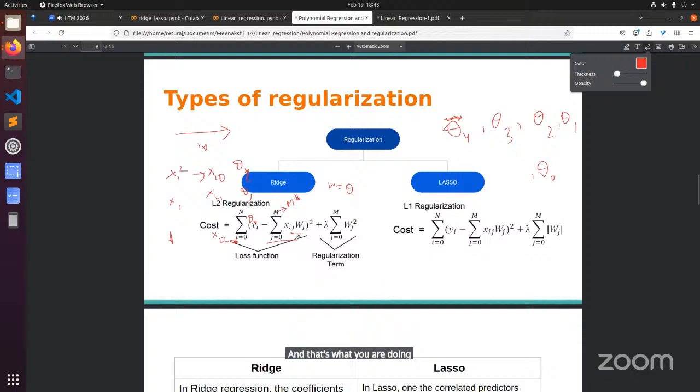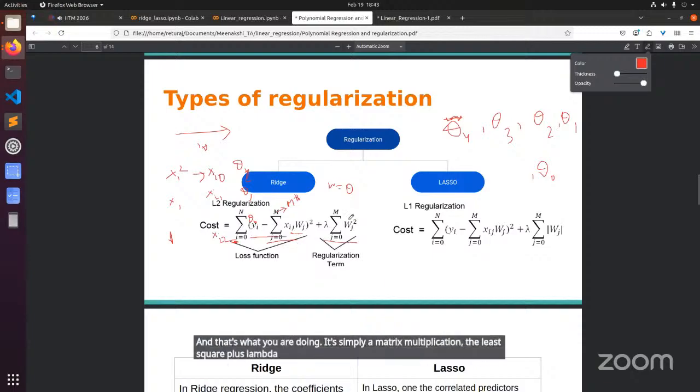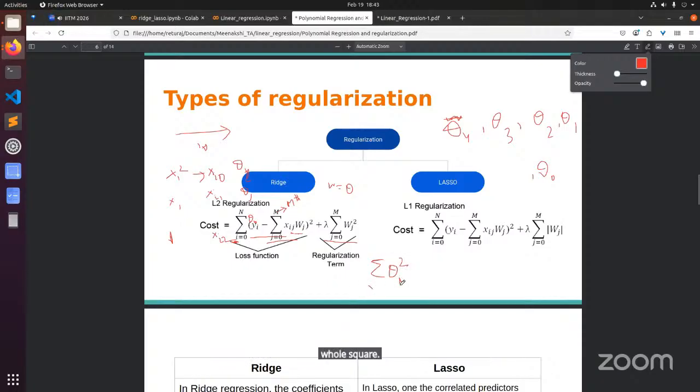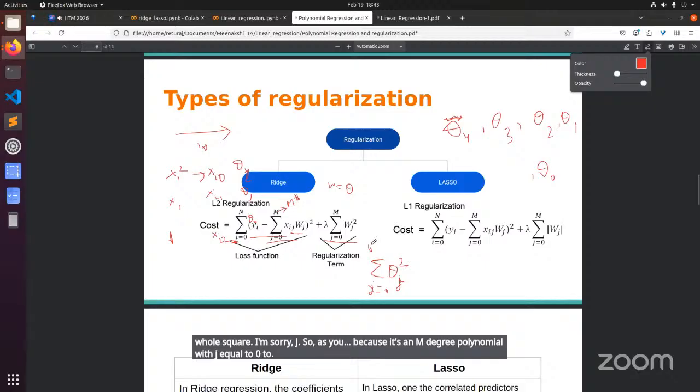It's simply a matrix multiplication, the least square, plus lambda times the weight square. You are adding all the weights, so summation over all the theta_j's whole square. Oh, sorry, j. Because it's an m degree polynomial, j equals 0 to m.